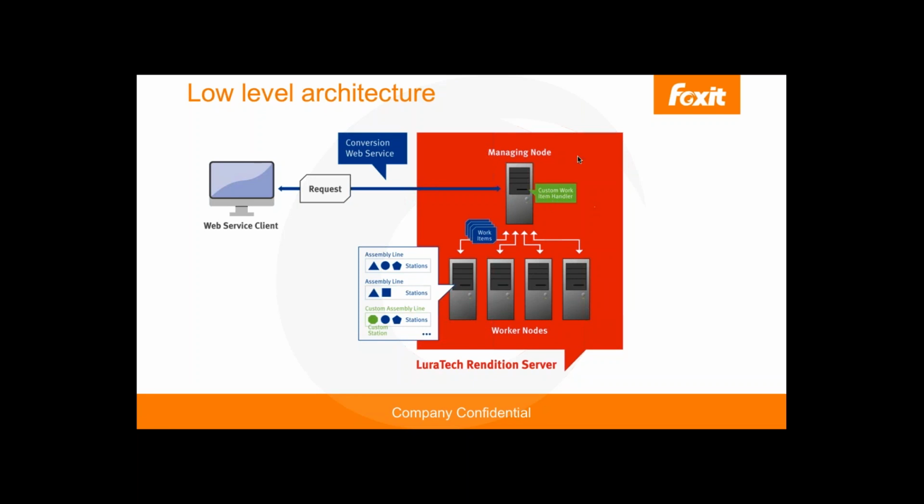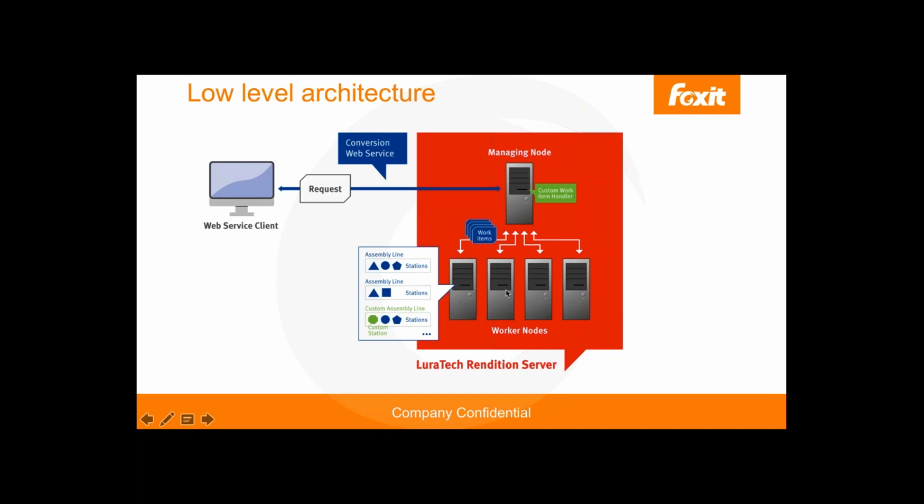It could be that you break a 10,000 page incoming document into 10 documents of 1,000 pages, whatever you want here, and create many work items out of one request. Or it could be that you read a barcode in here and understand, okay, based on this barcode, this goes into this process, while with the other barcode or without a barcode, it goes into another process. Those work items are then sent to the worker nodes.